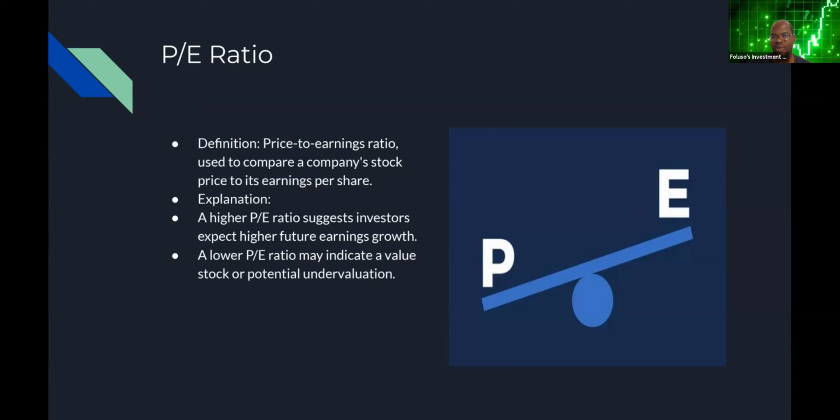According to Warren Buffett, usually a good company should have a P/E of less than 25. But that's not applicable to every company. Companies described as growth companies, like Amazon, Nvidia, Facebook, have a higher P/E because they are technology companies, and the way they grow is different from other companies.